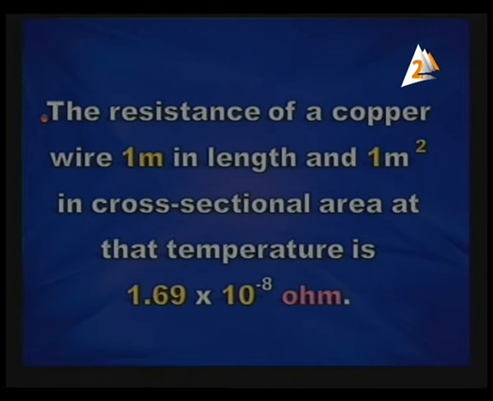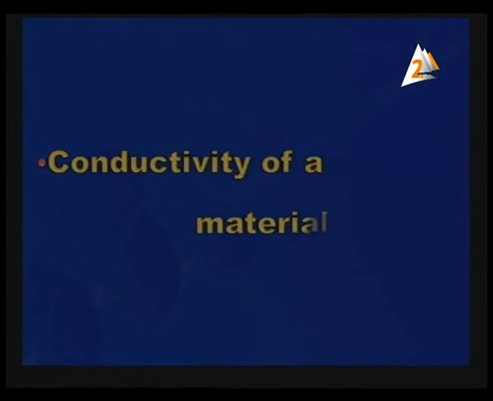It means the resistance of a copper wire 1 meter in length and 1 meter squared in cross-sectional area at that temperature is 1.69 times 10 to the power of negative 8 ohm. Okay, and your attention, the unit is changed into ohm instead of ohm meter.